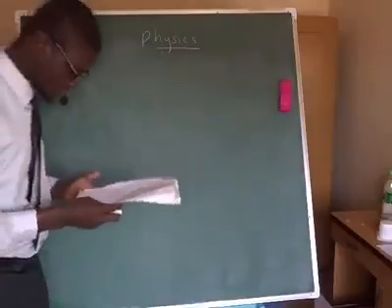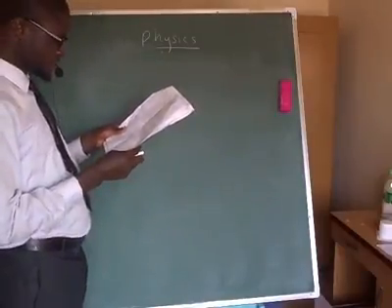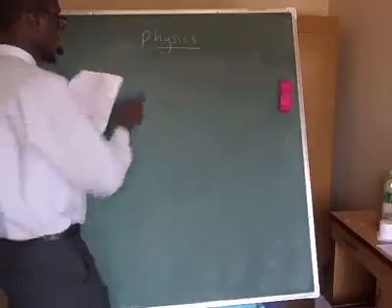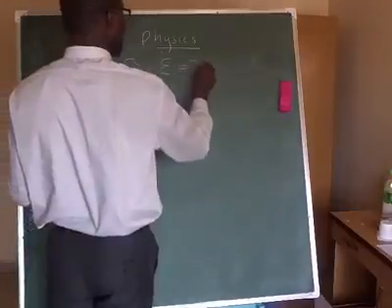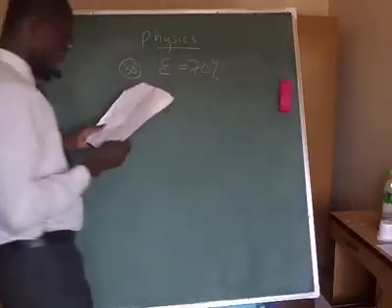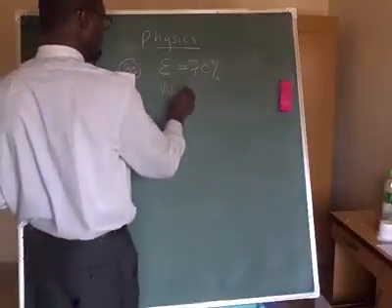So question 30 is also a calculation. It says the efficiency of a machine is 70%. They say calculate the work done. We are looking for work done.